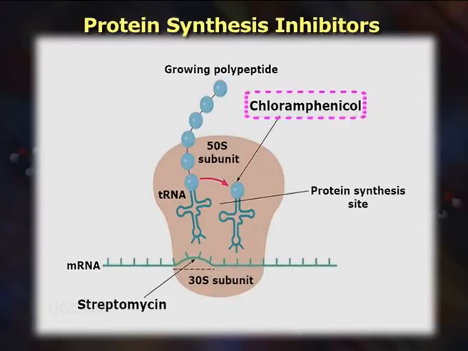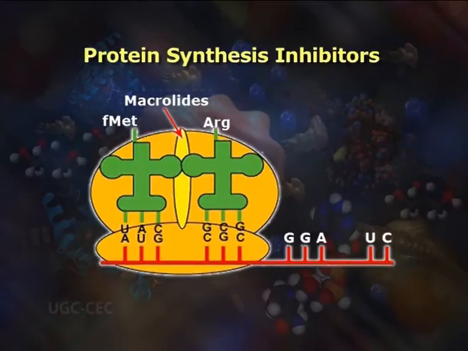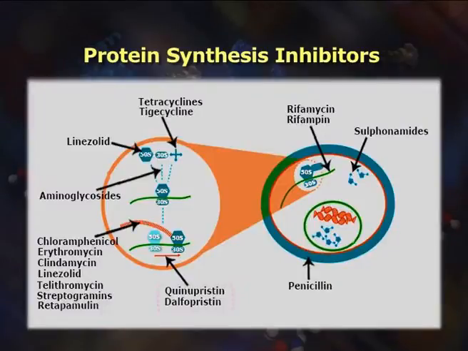Chloramphenicol blocks the peptidyl transfer step of elongation on the 50S ribosomal subunit in both bacteria and mitochondria. Macrolides bind to the 50S ribosomal subunits and inhibit peptidyl transfer. Quinupristin, dalfopristin act synergistically to inhibit peptidyl transfer.